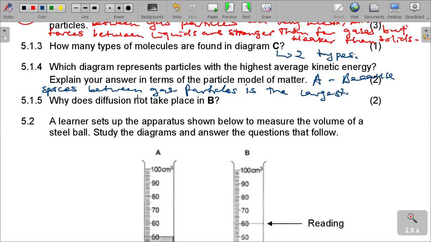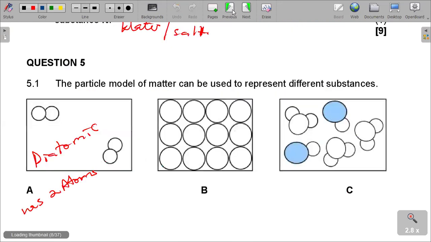And then number five is saying, why does diffusion not take place in B? Why do we not have diffusion in B?